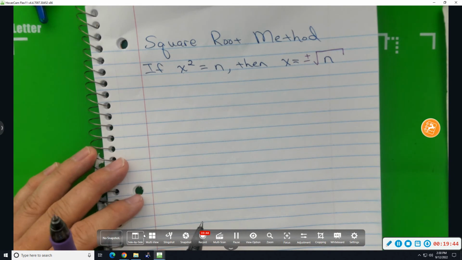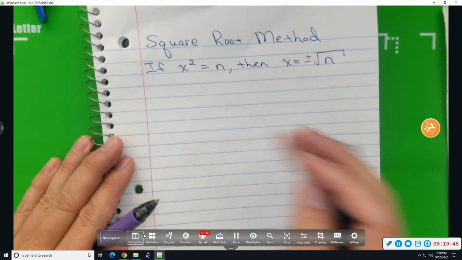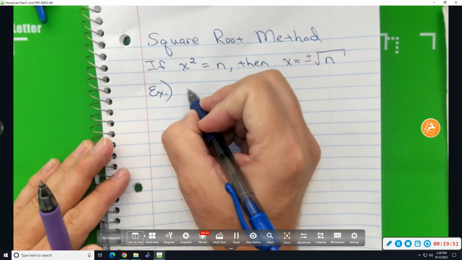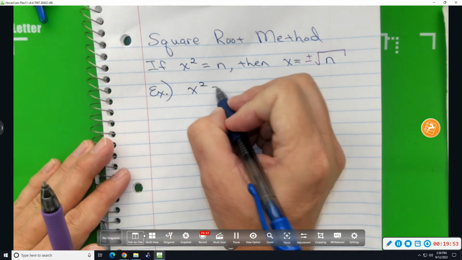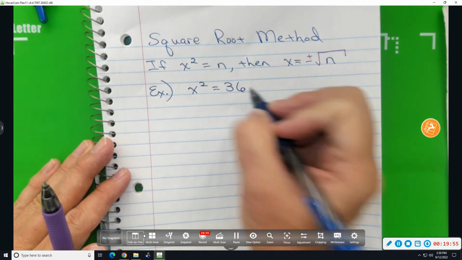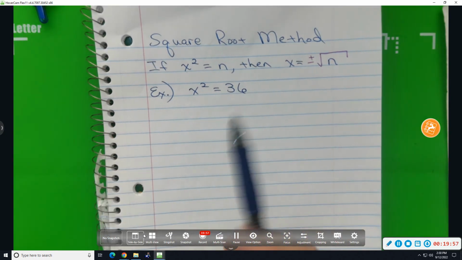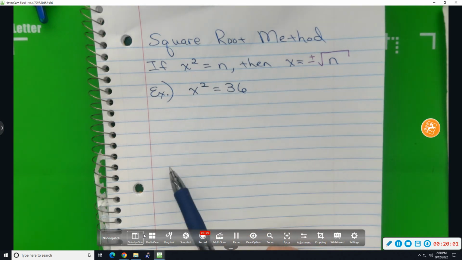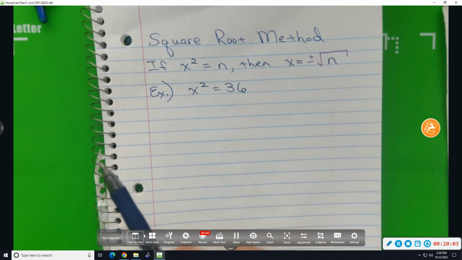And I think you could convince yourself of that just by looking at a real basic example, like x squared equals 36. What numbers can you square to give yourself 36? I say what numbers because there's two of them.